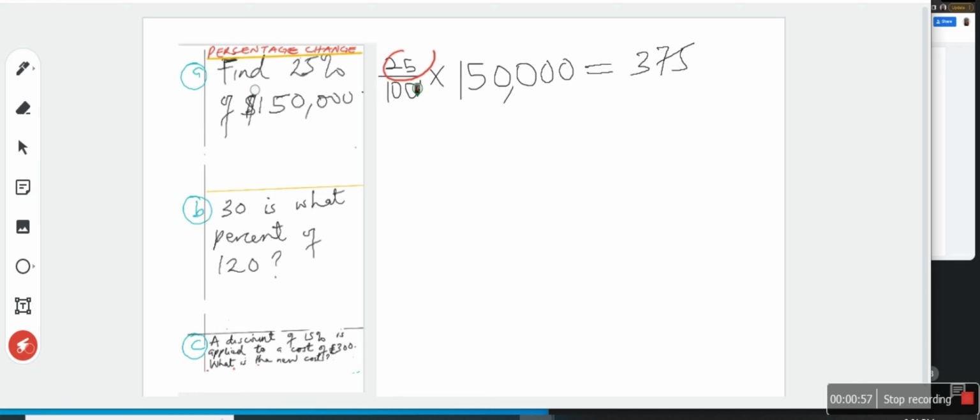Did you do 25 over 100 times 150,000? Yeah, 25 times 150. Okay, if you have your calculator, just use your calculator and simplify.